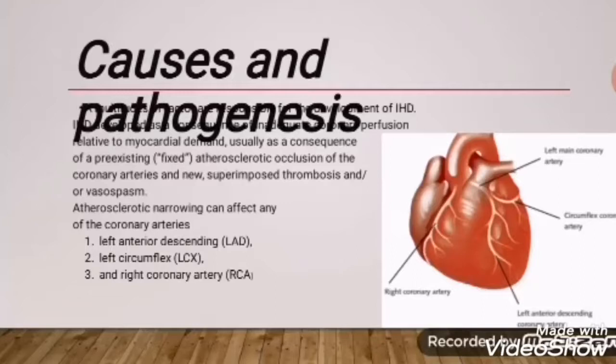Atherosclerotic narrowing can affect any of the coronary arteries: left anterior descending, left circumflex, and right coronary artery. Clinically significant plaques tend to occur within the first several centimeters of the left anterior descending and left circumflex, which take off from the aorta, and along the entire length of the right coronary artery.